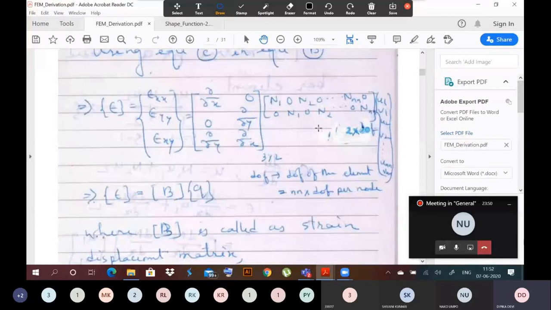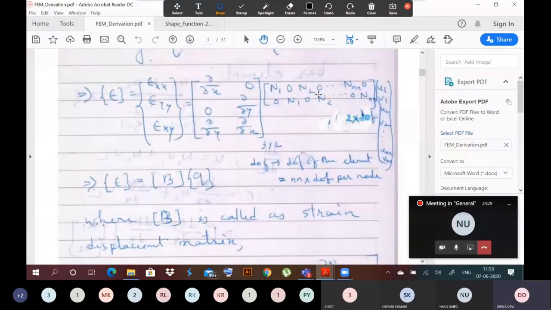So the B matrix, if we multiply this with this, will be in this form. Del n1 by del x 0, del n2 by del x 0, del nn by del x 0, like that. That is the first row. The second row will be 0, then del n1 by del y, 0, del n2 by del y, like that. So if you multiply, ultimately we will get this matrix.